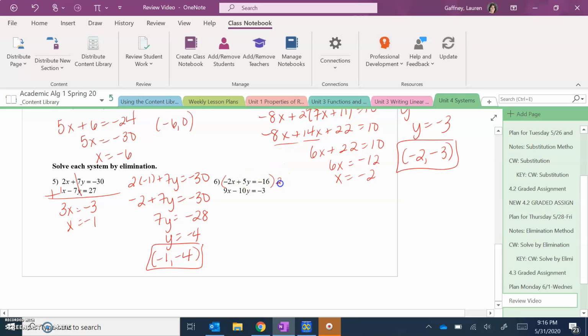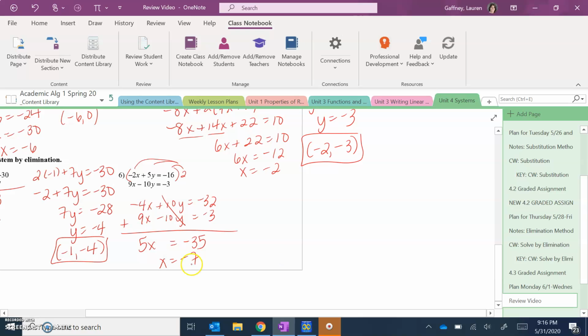So if we multiply this entire top equation by 2, let's rewrite this. I have -4x plus 10y equals -32. And then I'm going to leave the bottom equation the way it is. Now it's just like the last problem. Let's add it up. 5x, those cancel, equals -35. So divide by 5.